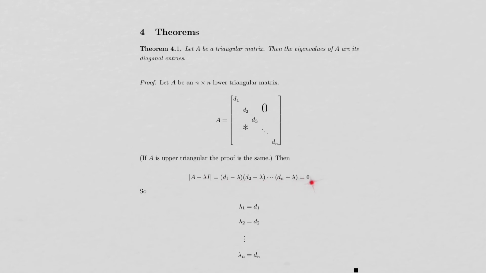And there is our characteristic polynomial in fully factored form already, which is really nice. So we can see lambda 1 is d1, lambda 2 is d2, etc., up to lambda n, which is going to be dn. We don't even have to compute eigenvalues if I have a triangular matrix, upper or lower. The eigenvalues are simply the diagonal entries of the matrix.